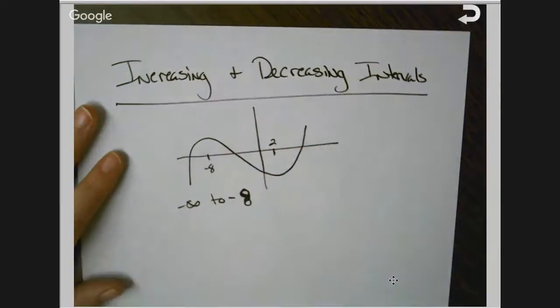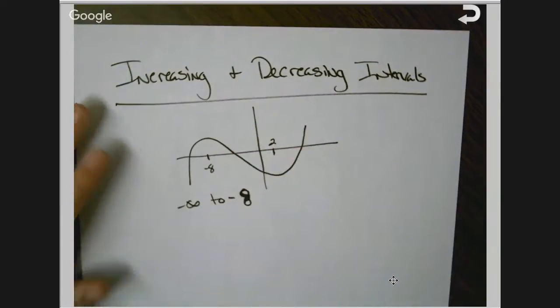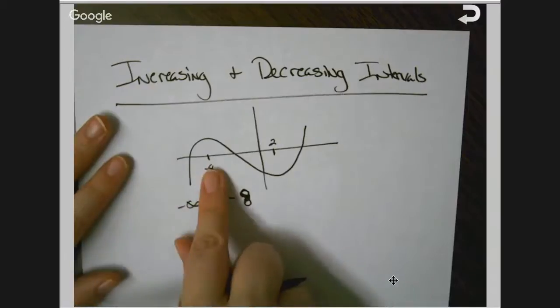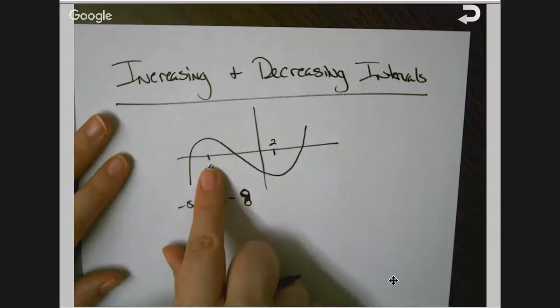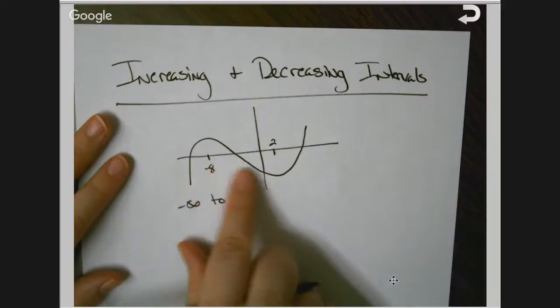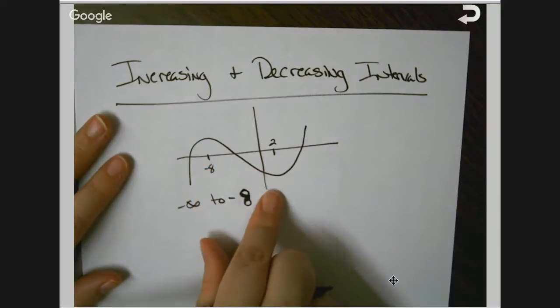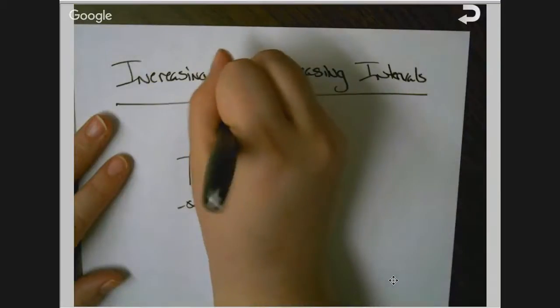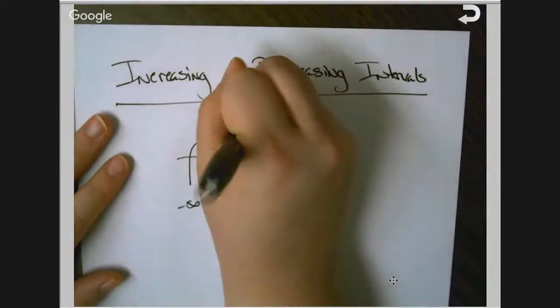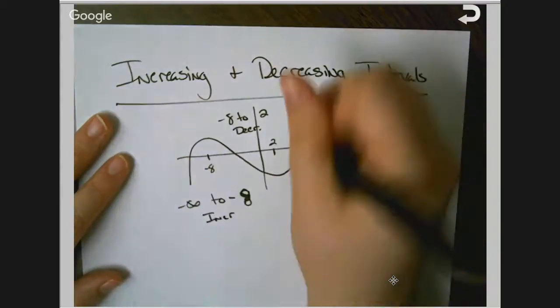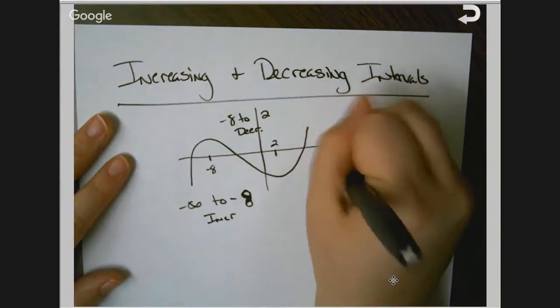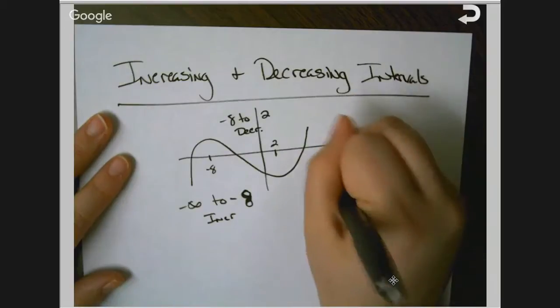So it's similar to domain, except I'm not saying what's happening all the way from left to right, I'm doing it in pieces. Then I'm going from -8 to where for my decreasing? Yeah, to 2. So -8 to 2 decreases. And from 2 to infinity, it's going to increase again.